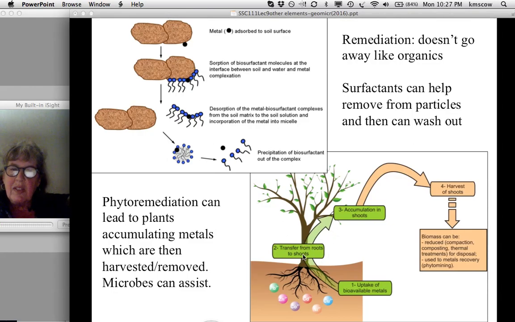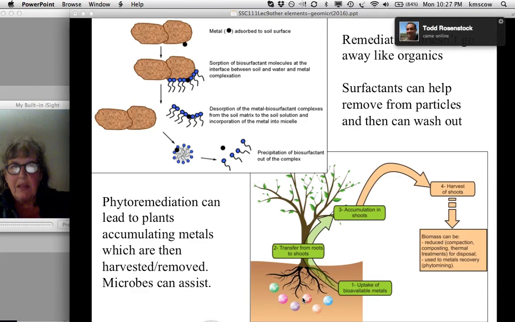But you could use this to kind of mine those toxic chemicals out of the soil, or if you wanted to harvest them, if they were gold or something that you valued, you might be able to use plants to help gather them up. And microbes do play a role in the rhizosphere of those metal accumulating plants.